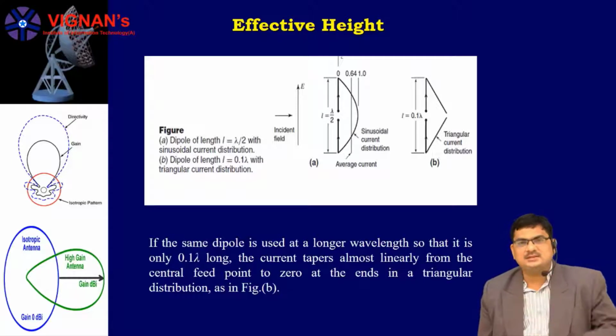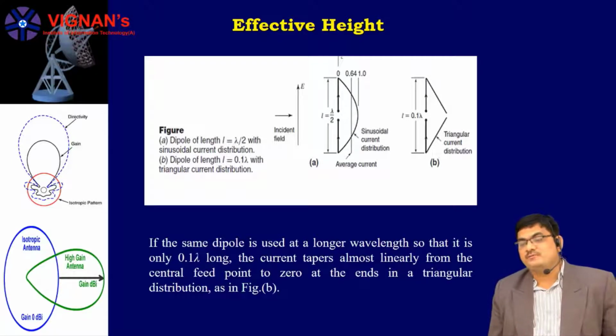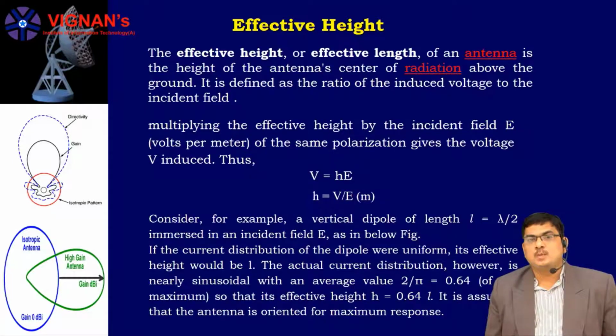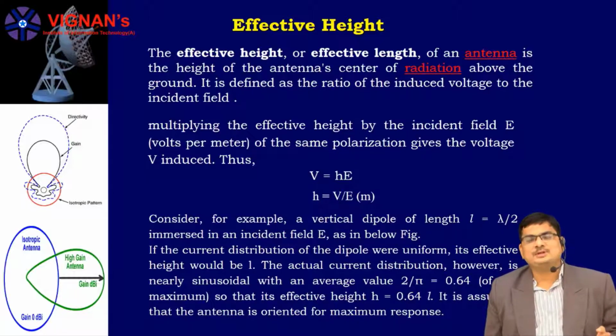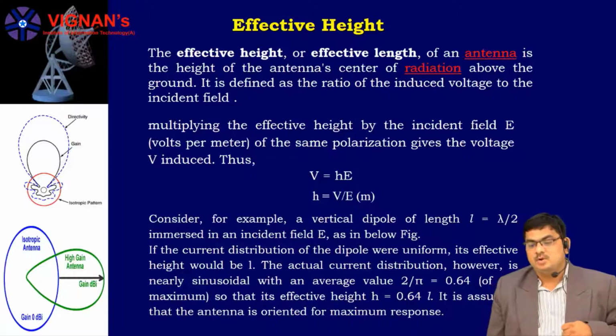If you take the average value of the current distribution, that is 2 by pi, that is 0.64 of the maximum value. So the effective height or effective length of your antenna H is equal to 0.64 into L. It is assumed that the antenna is oriented for maximum response.